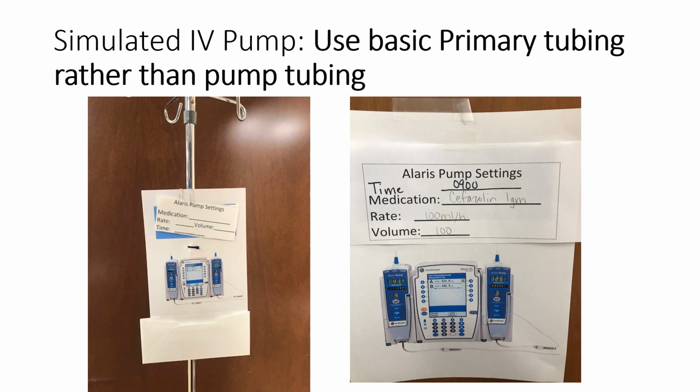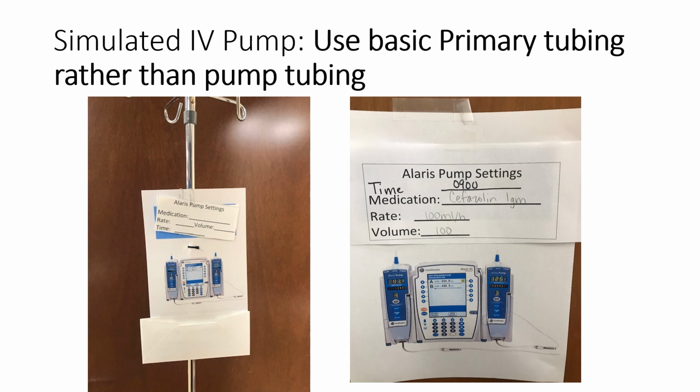Because we do not have enough pumps for the number of patients we are taking care of, some areas will utilize this simulated pump setup. This is printed on cardstock, and you are to treat it as a 2-channel Alaris pump. You will hang your IV fluid with regular primary tubing and hook it to the patient.